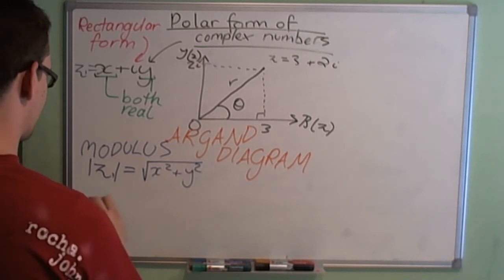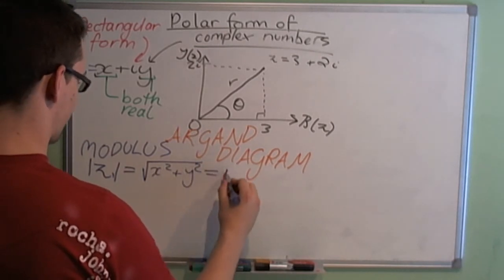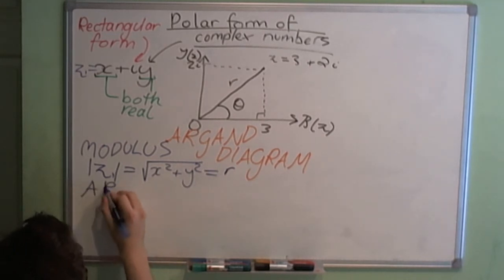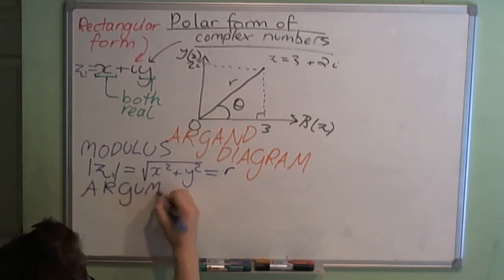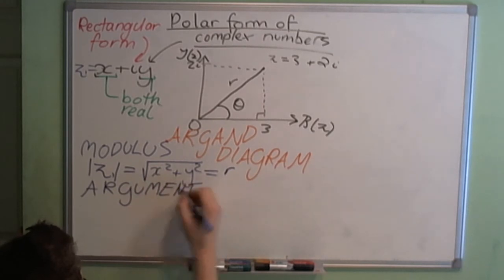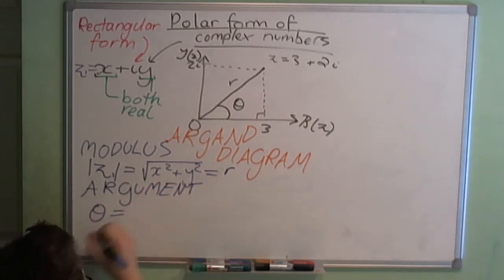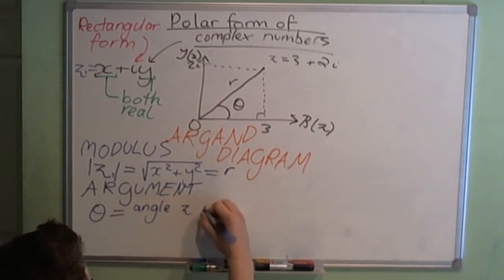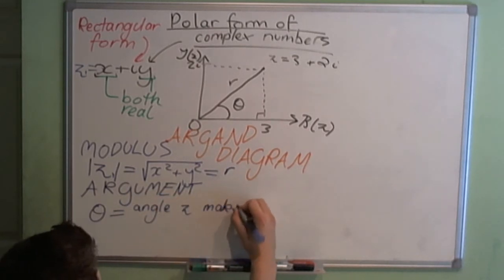We can also define the argument. The modulus is called r, and we also define the argument as theta, and this is the angle z makes with the positive real axis.